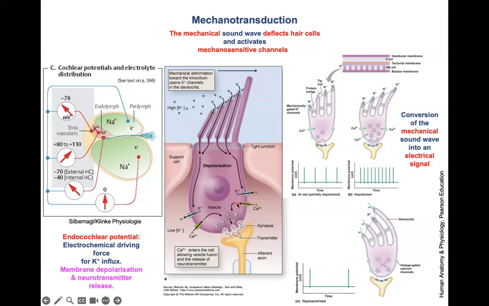Now we have here calcium channels, voltage-gated calcium channels. Potassium, which depolarizes the inner cell, opens up the calcium channels, calcium flows into the inner cell, activates the vesicles to release the neurotransmitter glutamate.